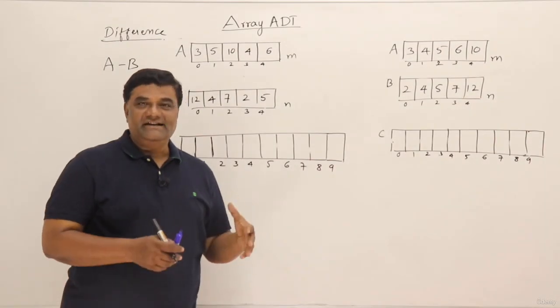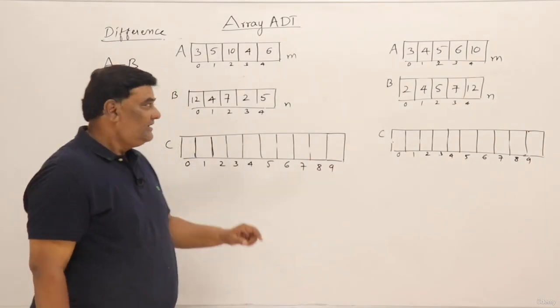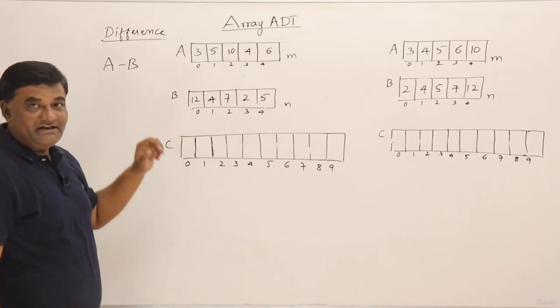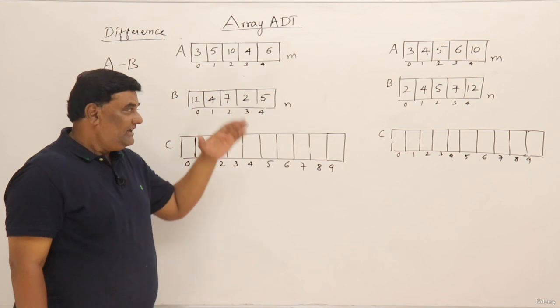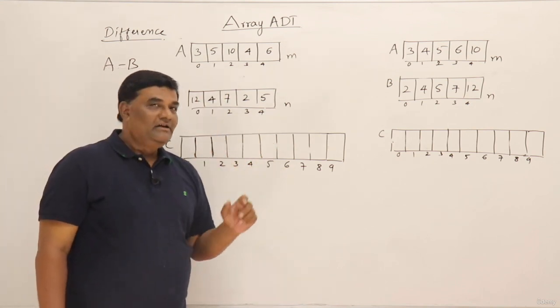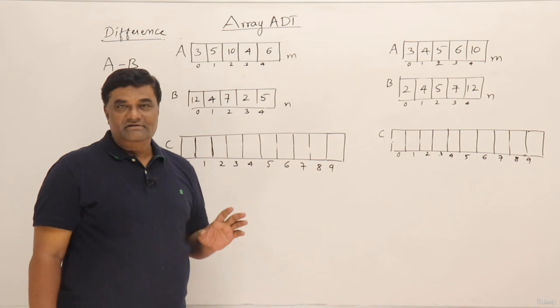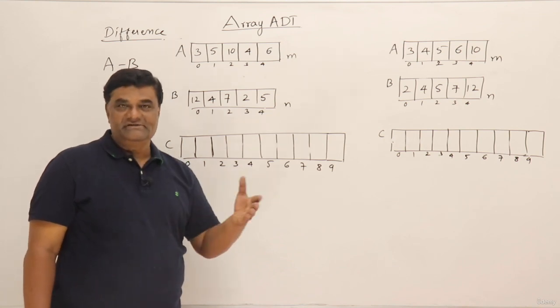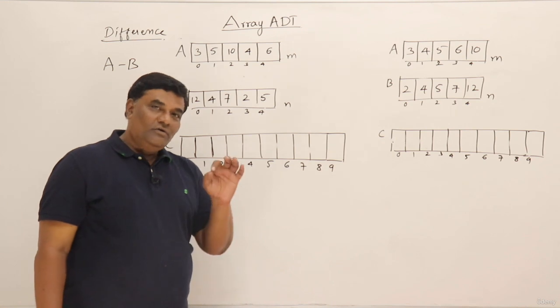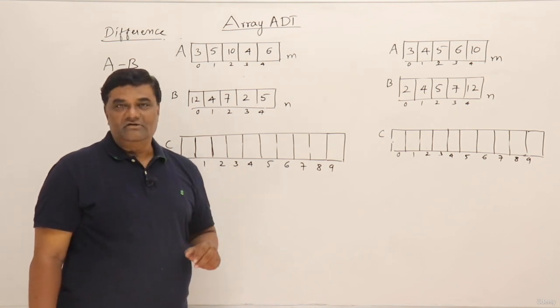The next operation is set difference, that is the difference operation. We have two sets, then we say A minus B, that is subtraction of two sets. A minus B means we want all those elements of A which are not there in B. So subtract the common elements between A and B and take only those elements which are only in A, not in B at all.